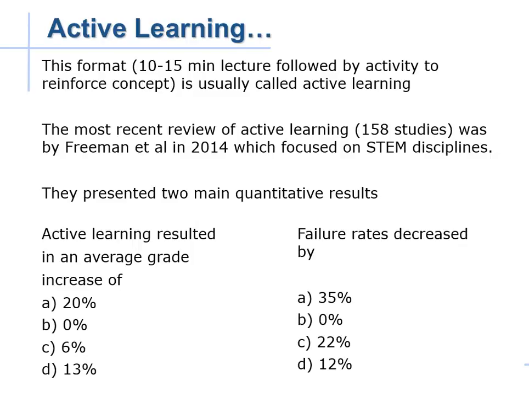35%. So failure rates, I think, in their course, so their average failure rate without active learning was something like 35%, and it went down to just over 20% using active learning. So while active learning doesn't maybe have a massive impact, 6% is still significant.